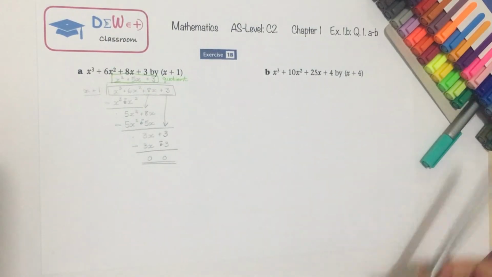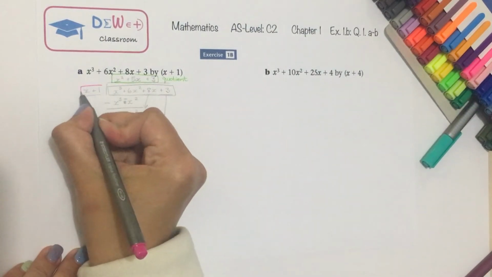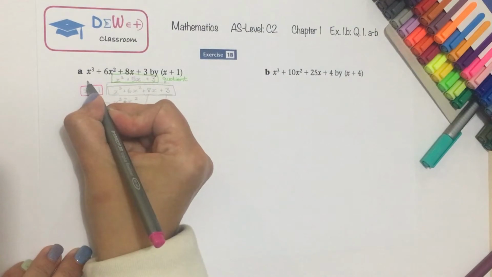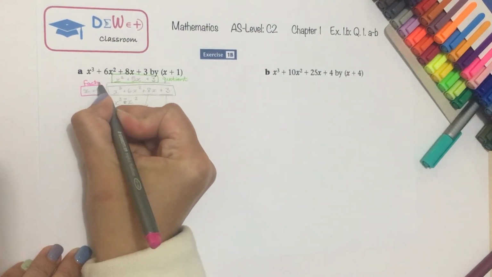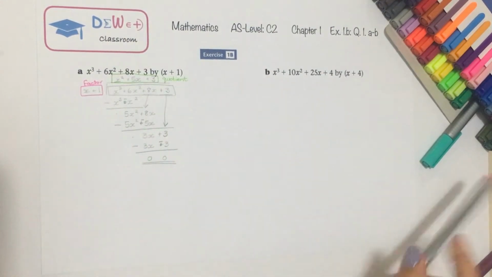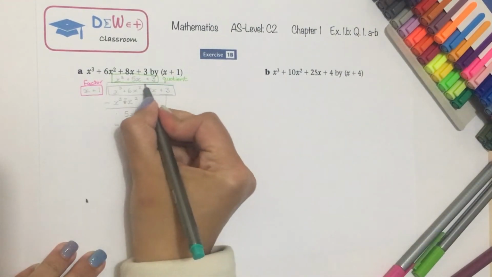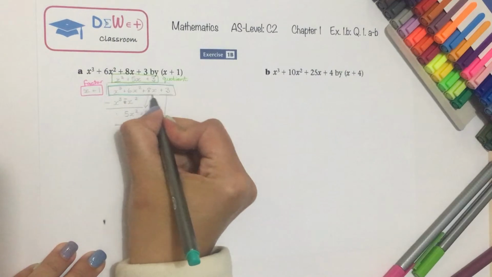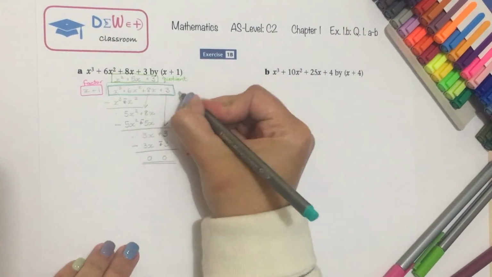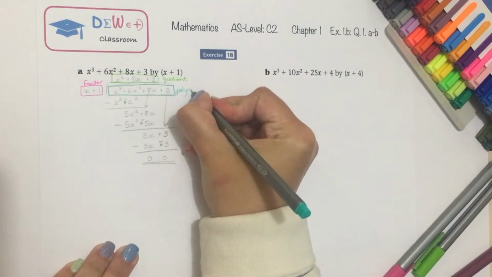Whereas this x plus 1 will always be referred to as a factor, and not a factor of the quotient, but a factor of the polynomial. And this is the polynomial, right? The polynomial.